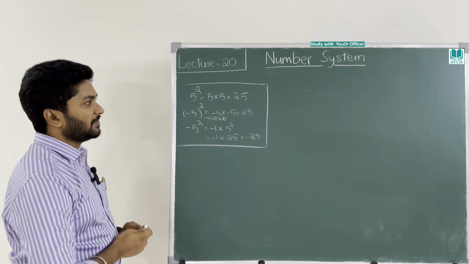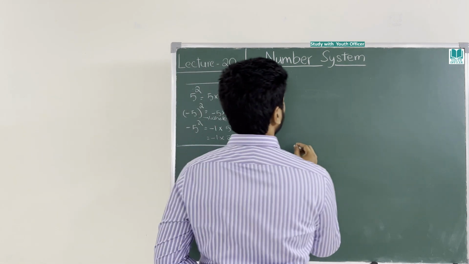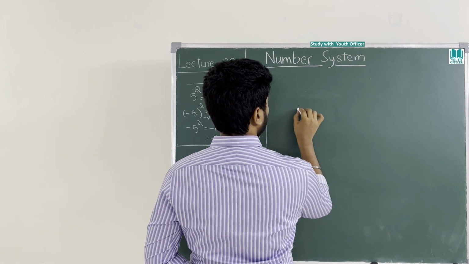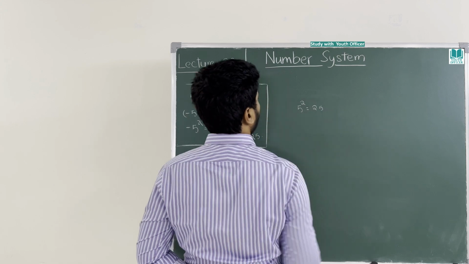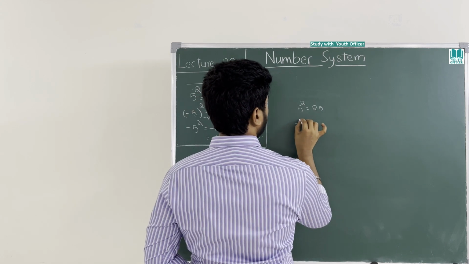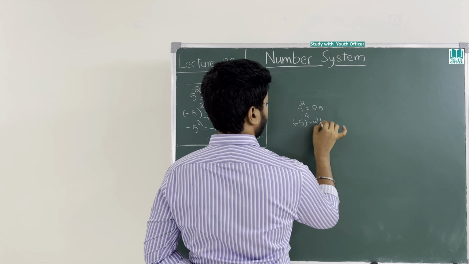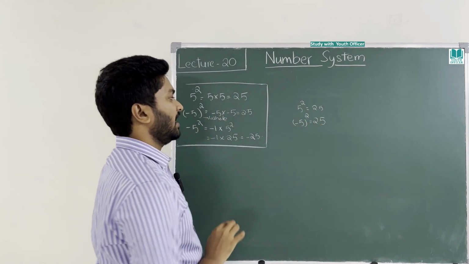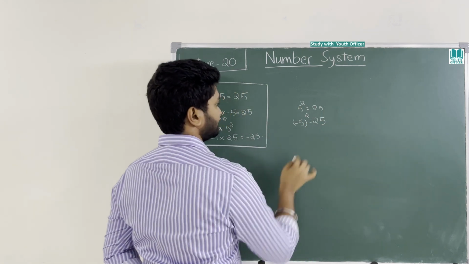Now I will show you some confusion where you may get it. I told you 5 square is 25. Minus 5 whole square is 25, right? I want to put square root on both sides.